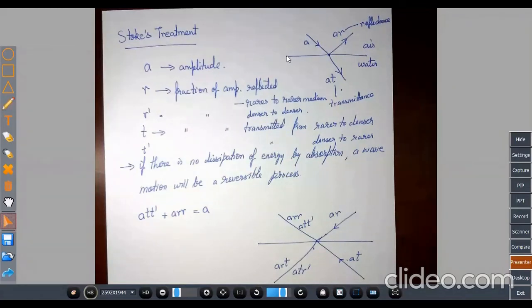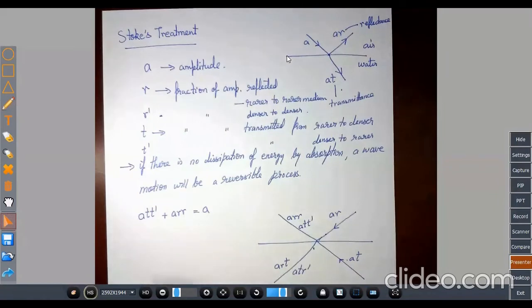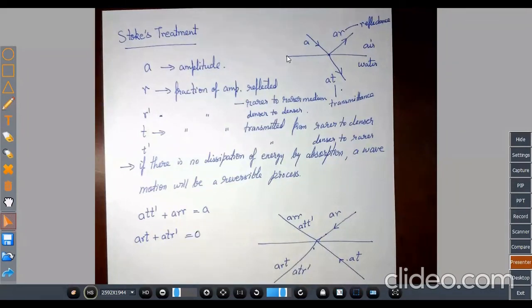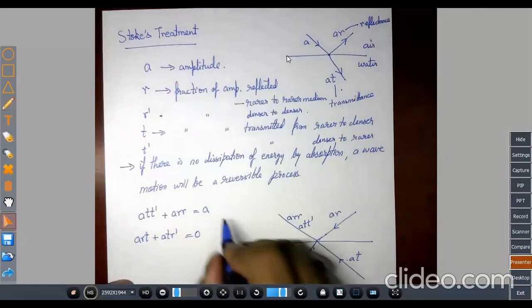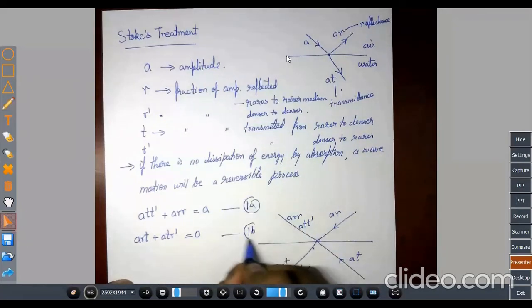And now consider this line. There was no such ray here. So these two amplitudes will add to give 0. This is equation 1A, this is equation 1B.